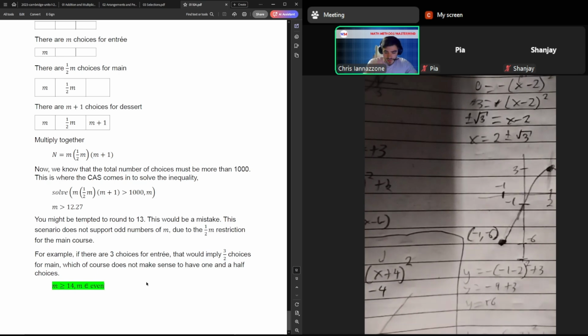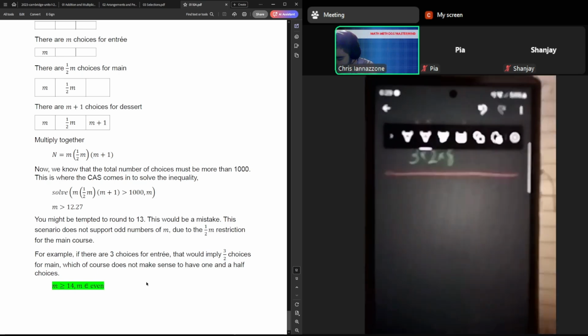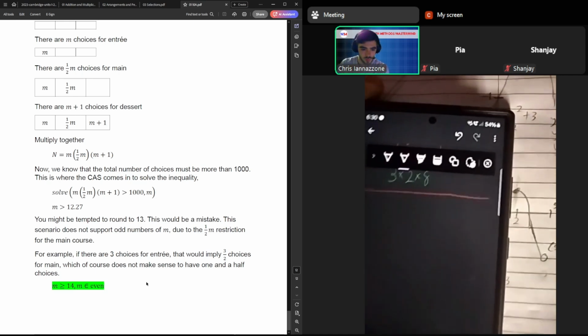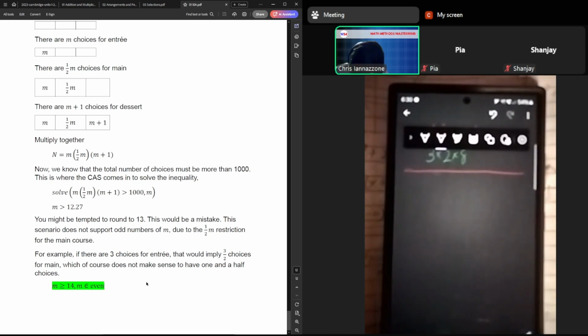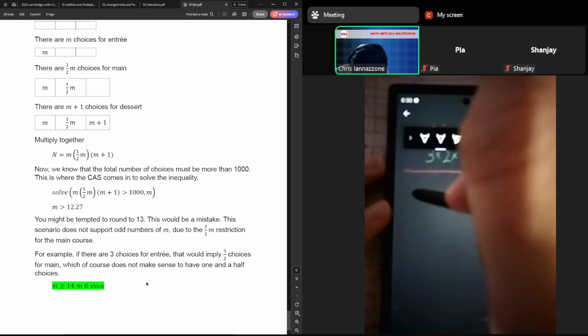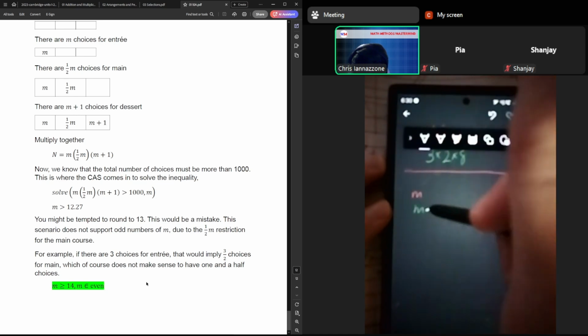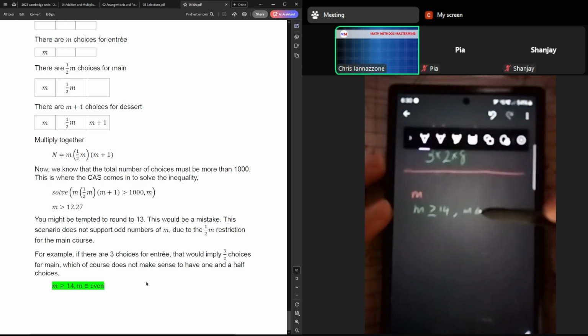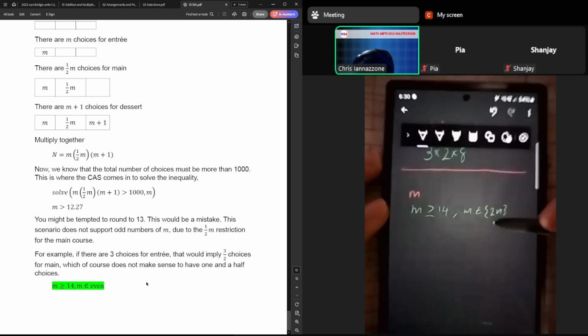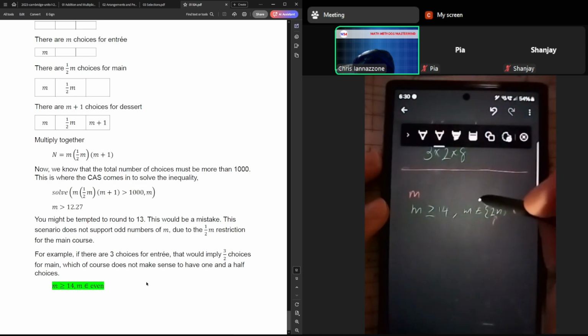Now I've just said the word even there. If you wanted to be super pedantic about it, then the way to say the set of all even numbers would be something like m greater than or equal to 14, given m is an element of... trying to think of a way to have a variable that I can multiply by 2 and then assign.